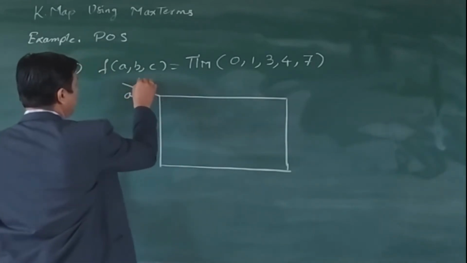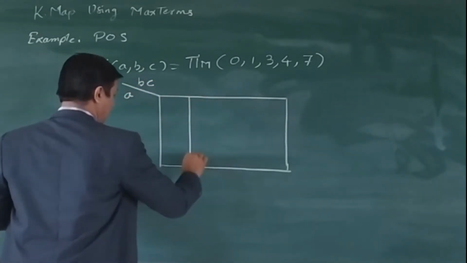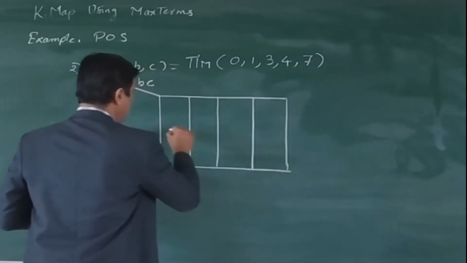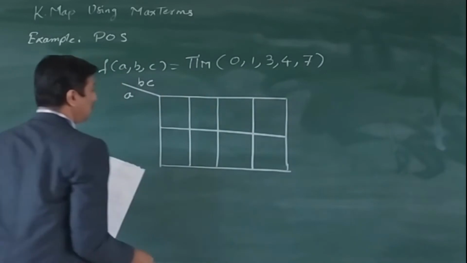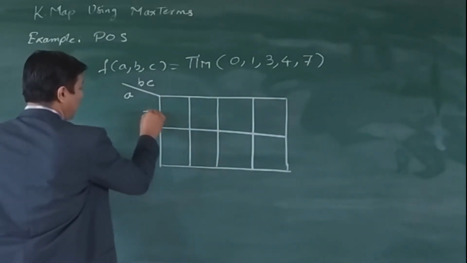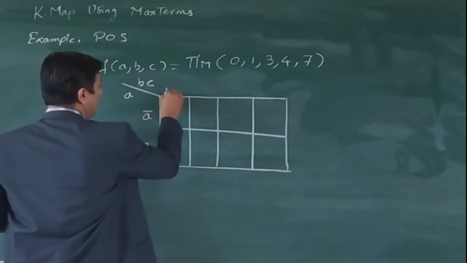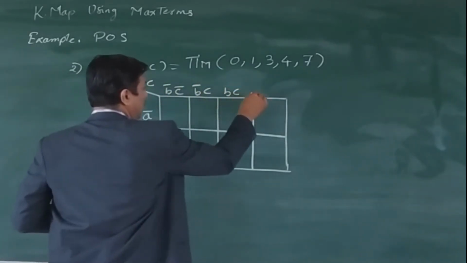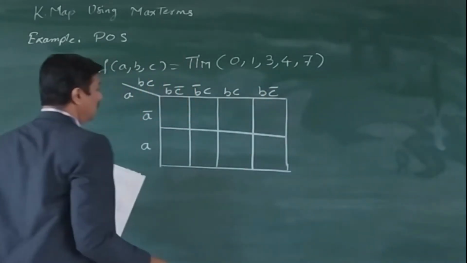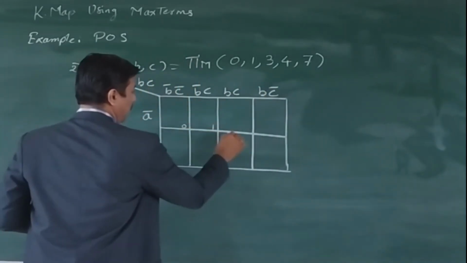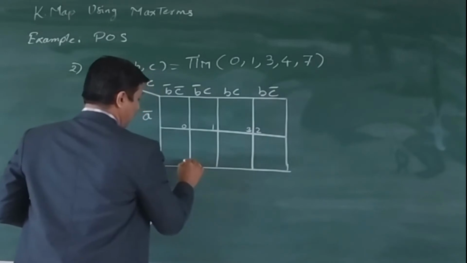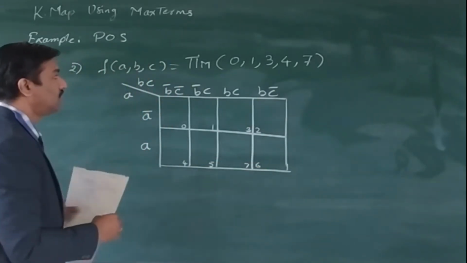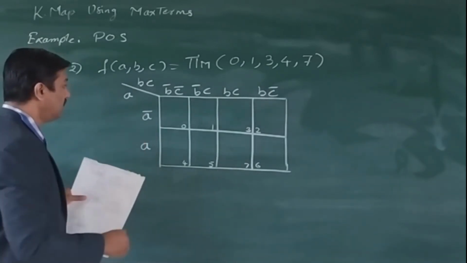As we have three variables A, B and C, we plot the K-map and put the max terms into their respective cells. So here we have A bar, and A, B bar C bar, B bar C, BC and BC bar. So let us note down the cell numbers and then represent those max terms in their respective cells.